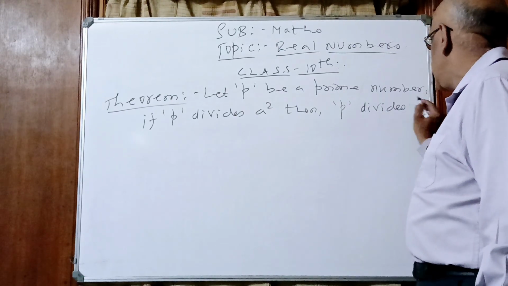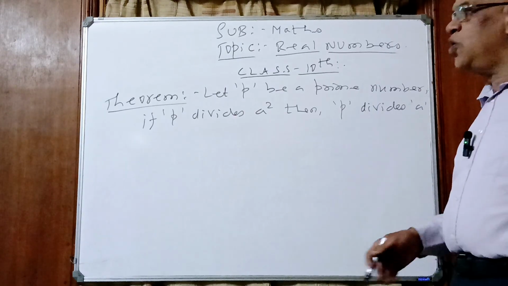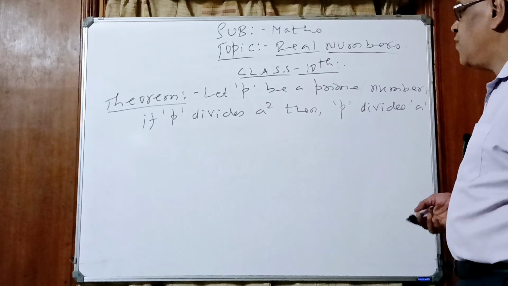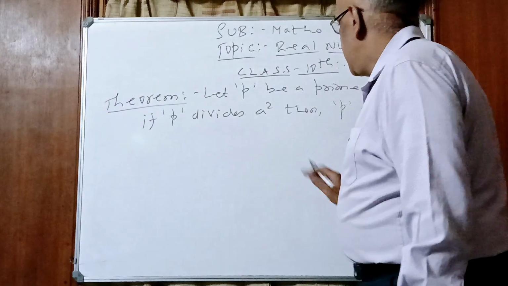Again and again we are talking about the same thing, children. This is about logic. How to prove this? Logically. There is no specific rule or formula to prove this. Let P be any prime number, we discussed.